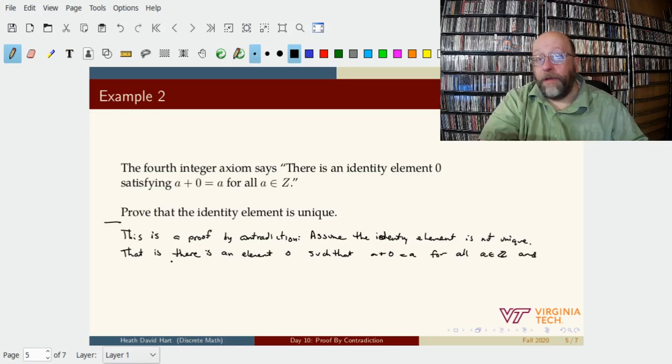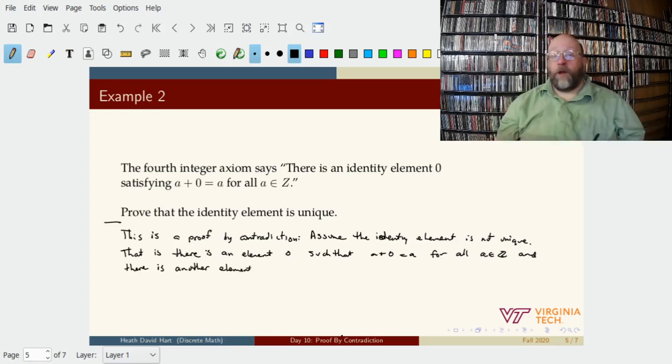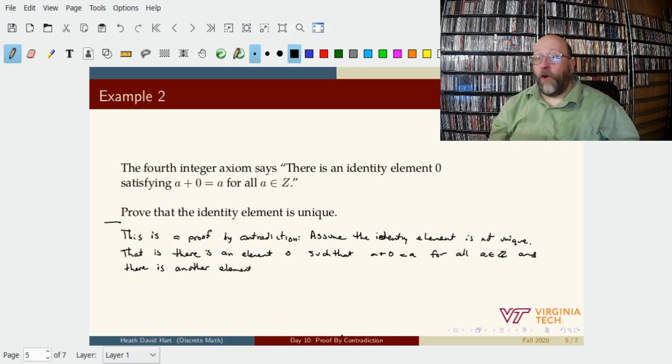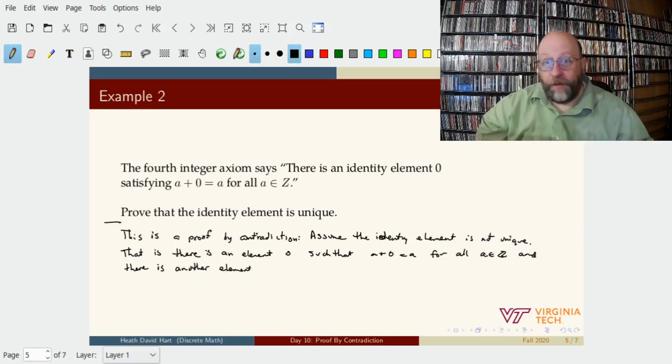And there's another element. So what do we want to call this other element? We can't call it 0 because we've already used that number. This other element can't really exist.